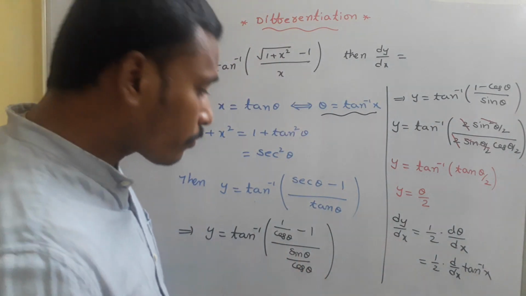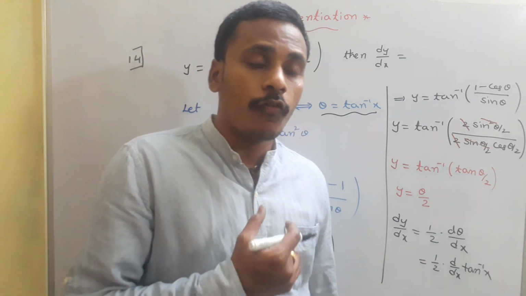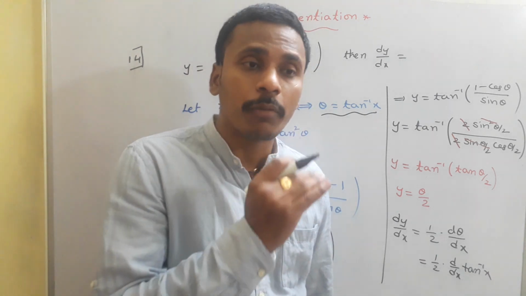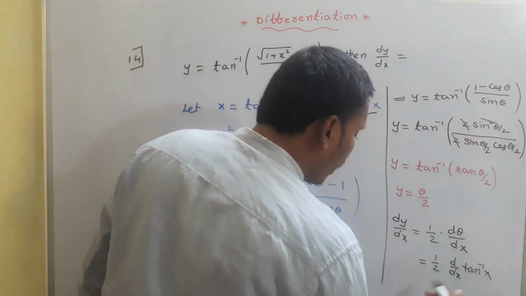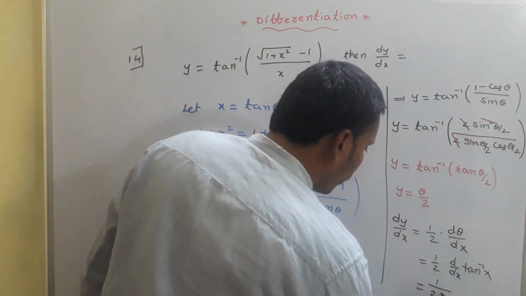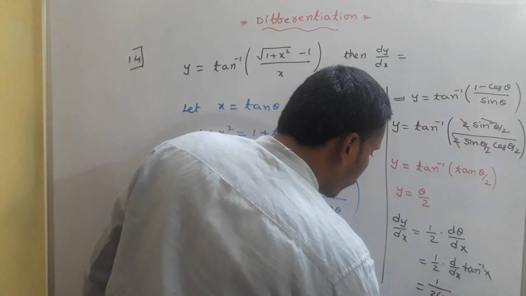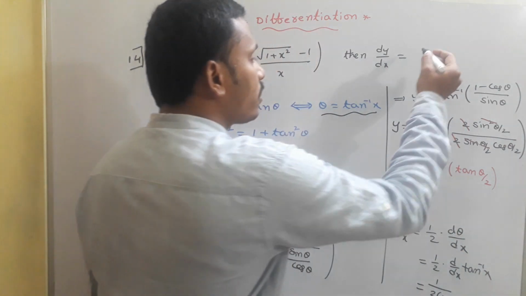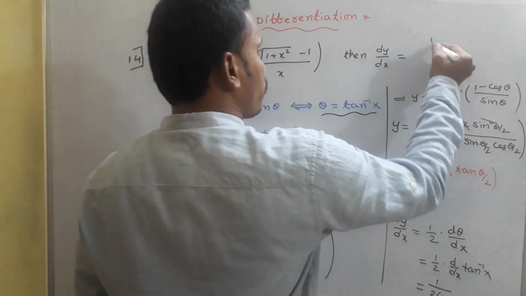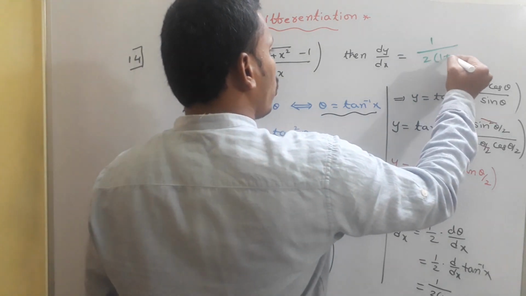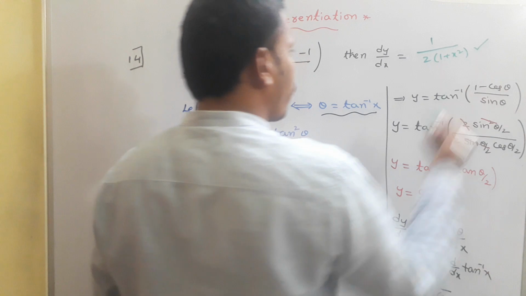Use the differentiation formula of tan inverse x, which is 1 by 1 plus x square. So 1 by 1 plus x square into 2 is 1 by 2 into 1 plus x square. With this suitable substitution, 1 by 2 into 1 plus x square is our answer finally.